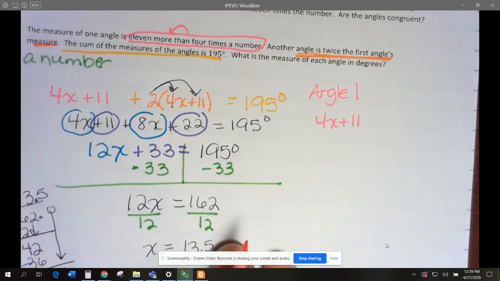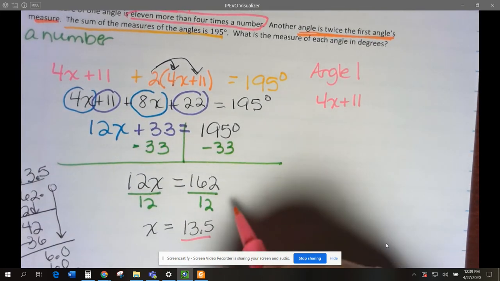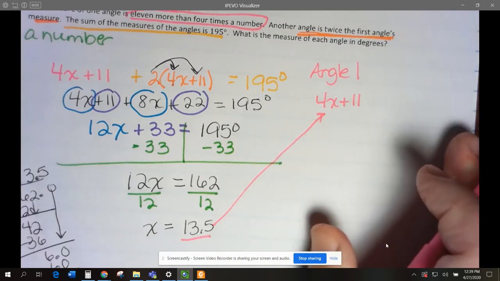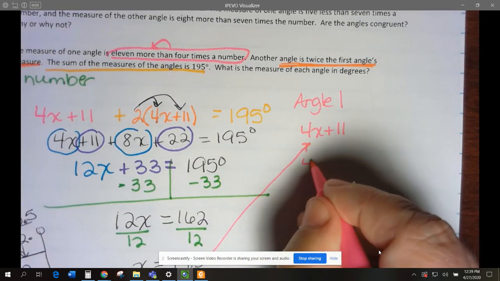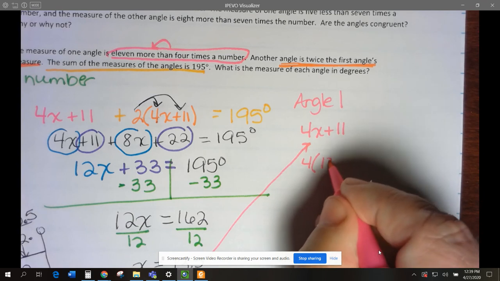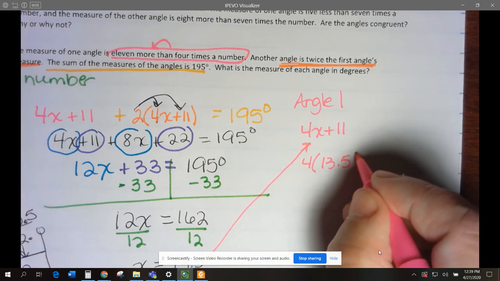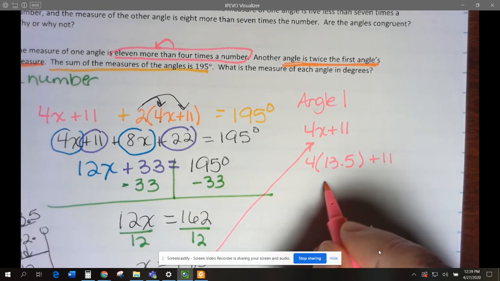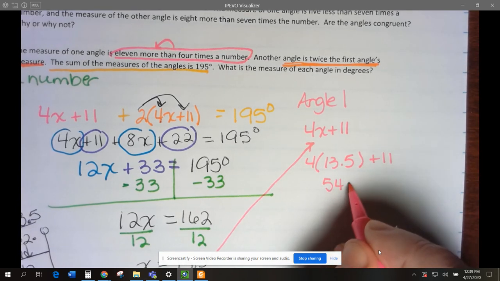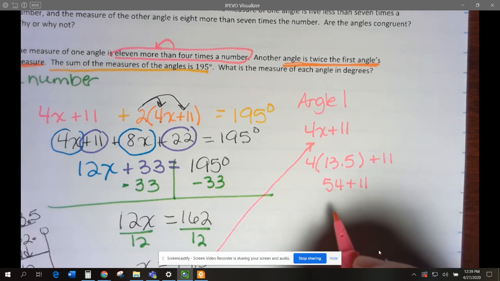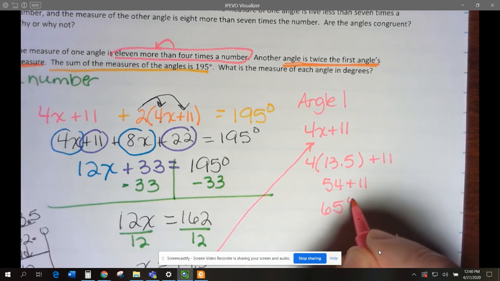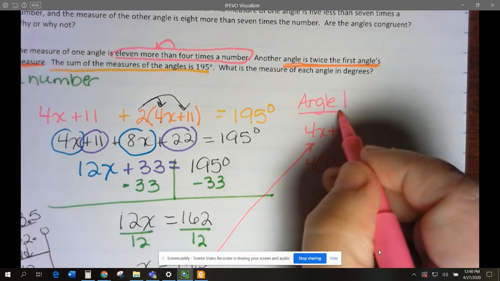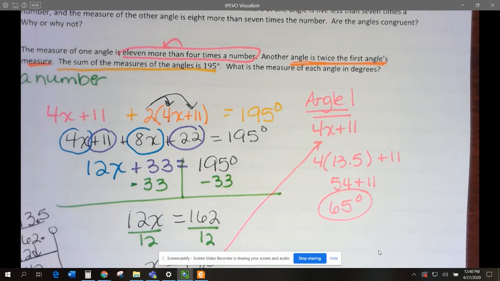x is going to be our 13.5. So we got to put that there, right? So we have 4 times 13.5 plus 11. This would be 54 plus 11, which would be 65 degrees. So angle 1 is 65 degrees.